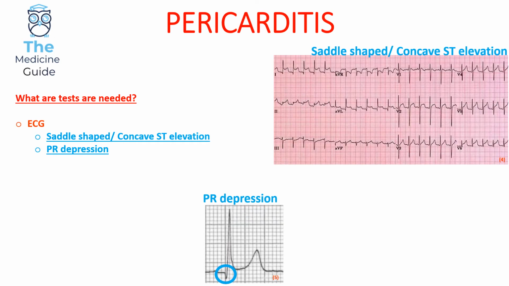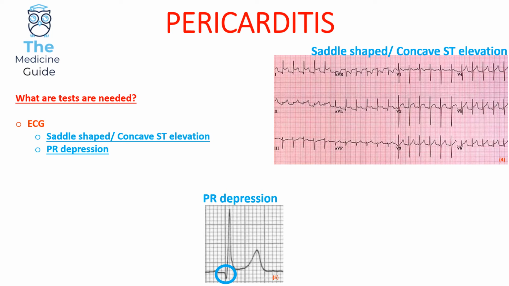So if we begin with looking at the far right-hand corner, we can see saddle-shaped or concave ST elevation. Now, this refers to ST elevation across multiple leads on the ECG, which are not related to one another.